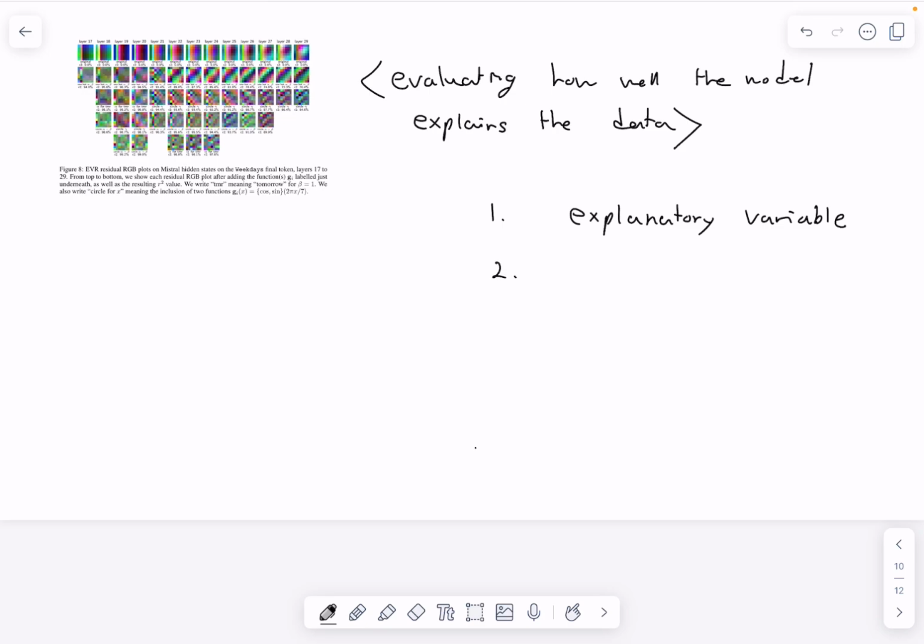Second, these explanatory variables are one-hot encoded and vectorized, then fed into a linear regression to obtain predicted values.